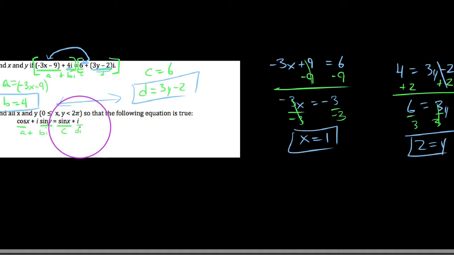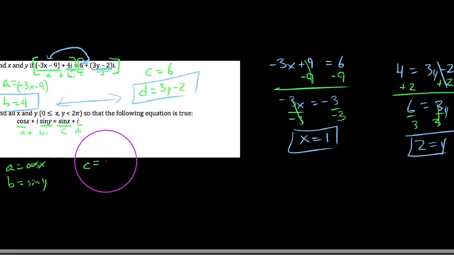In this case, a is our cosine of x on the left, and our b, our imaginary part on the left-hand side, is the sine of y. And on the right side, our c, or our real part, is sine of x. And our imaginary part on the right side, this is interesting. What are we taking times i right here? It's actually a 1. We say this is 1.